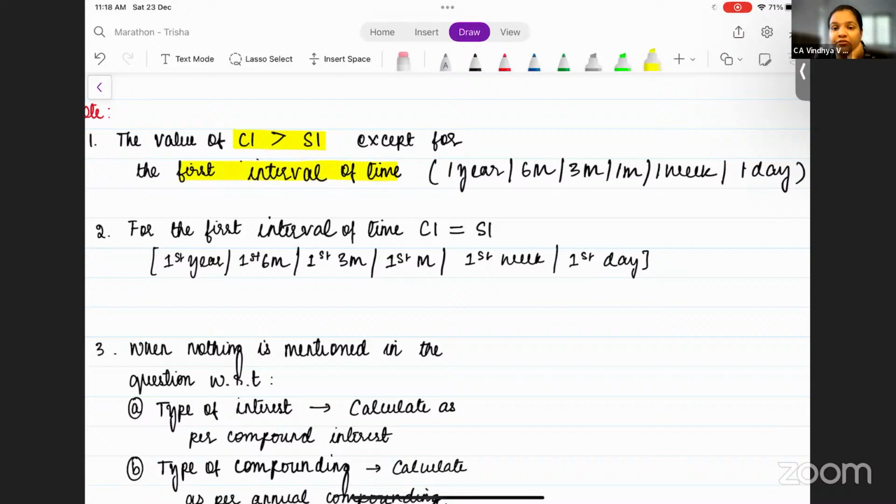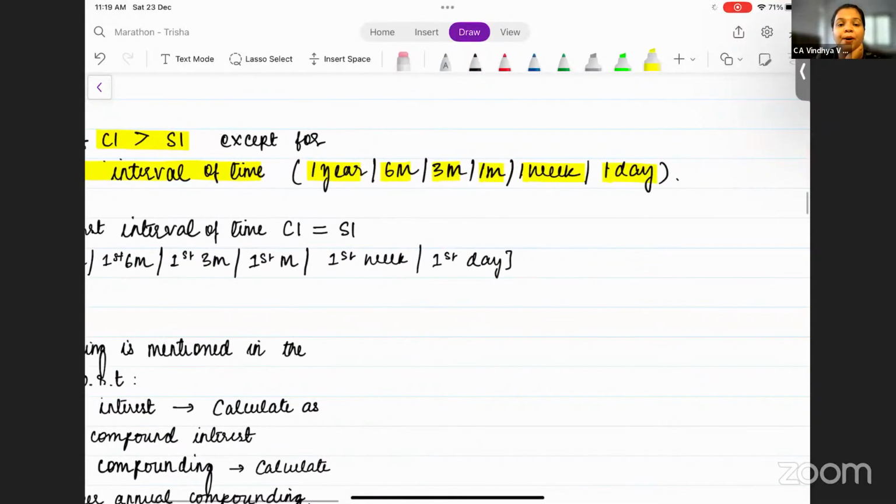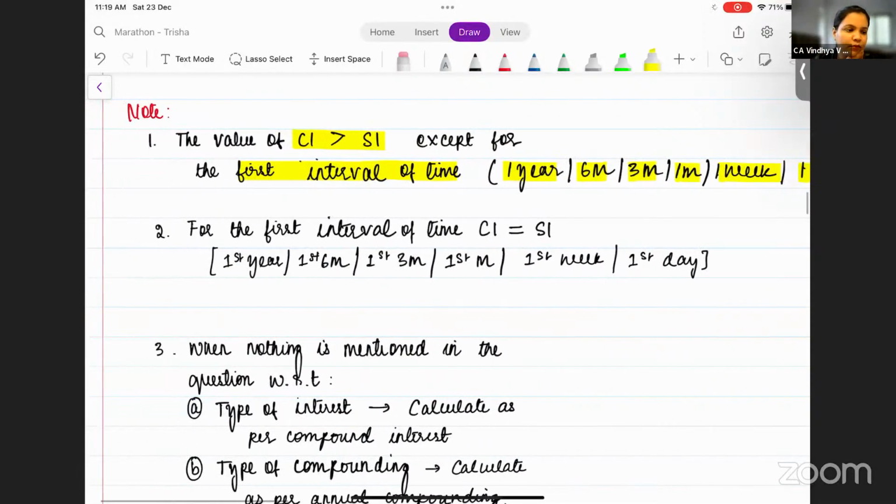What is this first interval of time? It can be 1 year, 6 months, 3 months, 1 month, 1 week, or 1 day, depending on the nature of compounding. So what happens with respect to the first interval of time? Compound interest and simple interest are equal to each other.